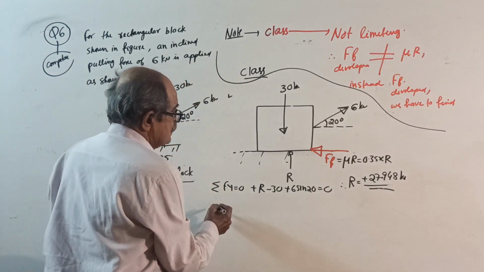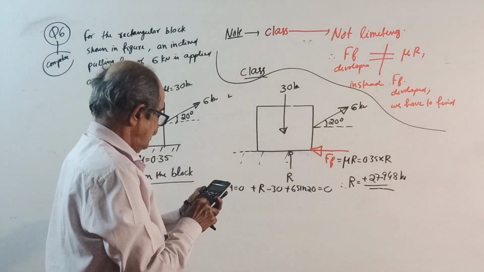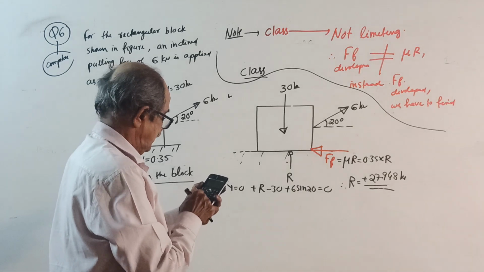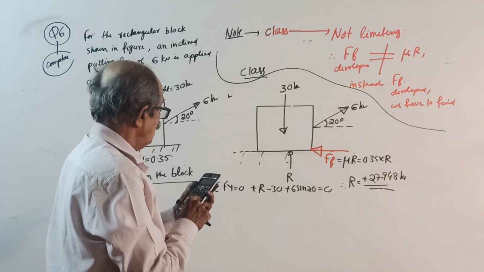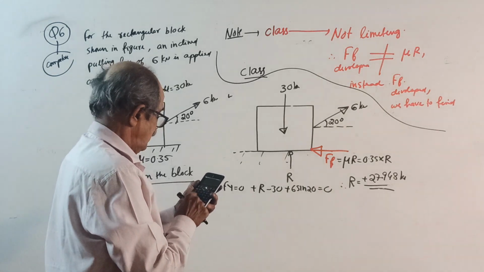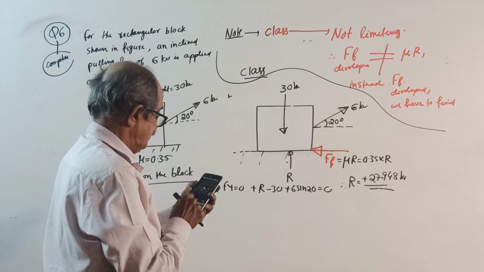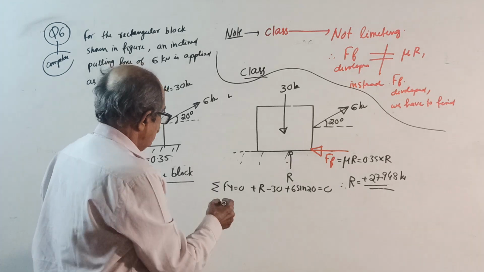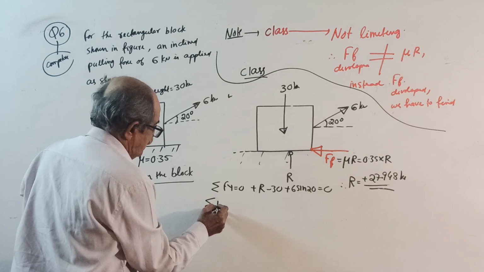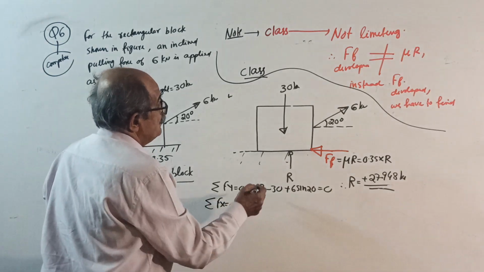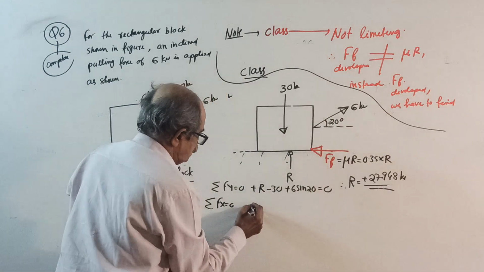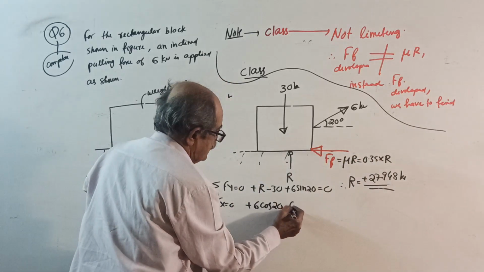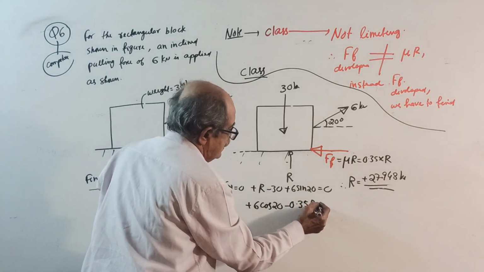Then they will check: 27.948 minus 30 plus 6 into sine 20 is 0. Okay, now next they will take sigma Fx equal to 0. Right side positive, they will write plus 6 cos 20 minus 0.35 R equal to 0.